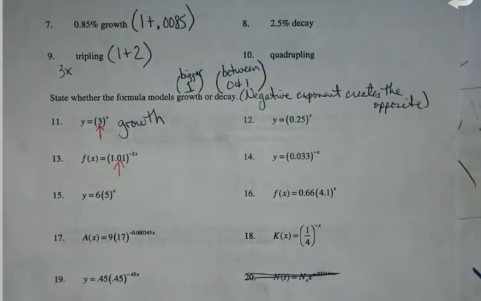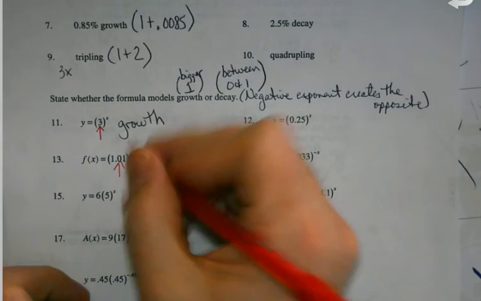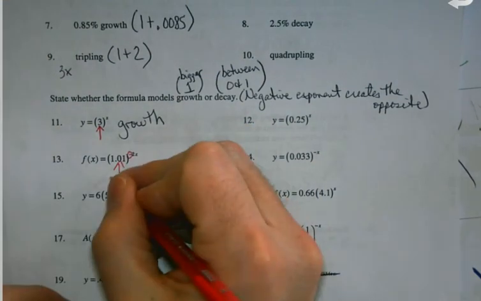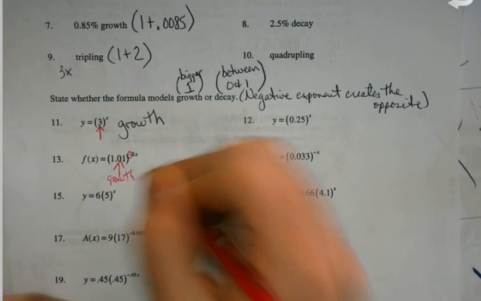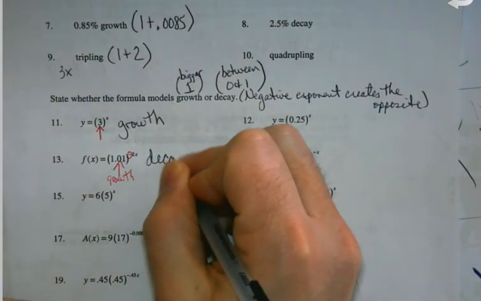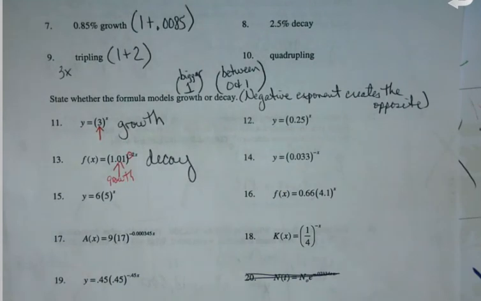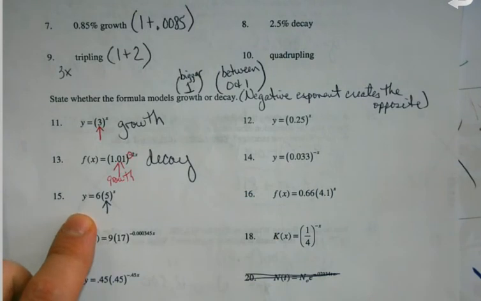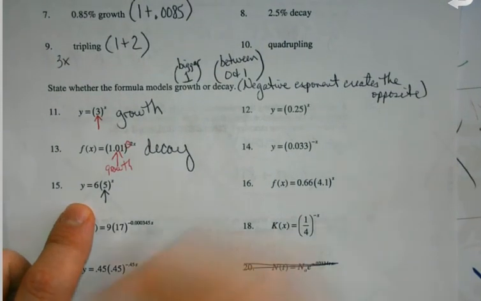It's bigger than 1, but the exponent's negative. So this would normally be growth, but the negative flips it. We're going to look at this visually tomorrow. But just keep looking at that number inside the parentheses.